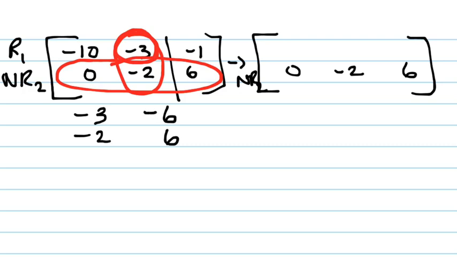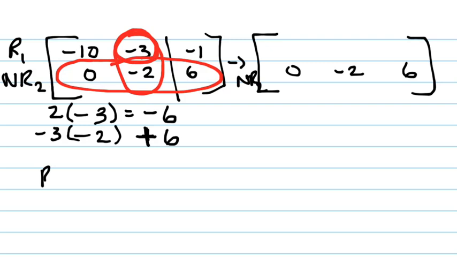It doesn't really matter which one you make which, but since the bottom only has 2 numbers, I'm going to use the positives. I'm going to change the signs in the bottom. So all I need to do to get this negative 3 to turn into a negative 6 is to multiply it by 2. But at the bottom, I need to multiply by negative 3, because not only do I need to change the number, I also need to change the signs, right? Now those are opposites. So I'm all good with opposites.